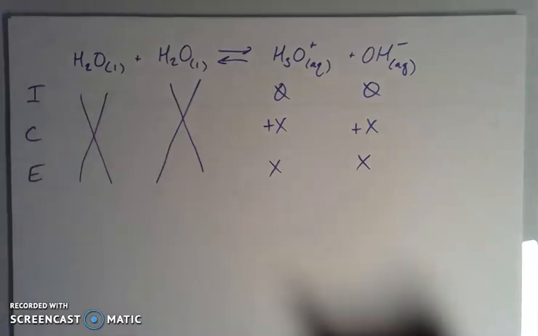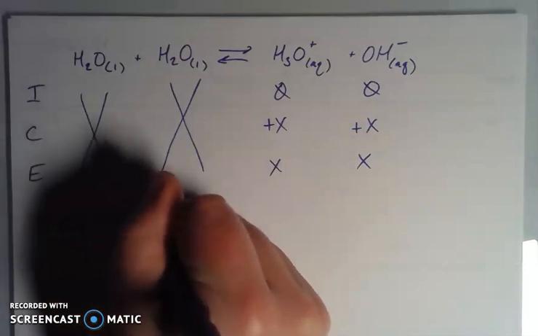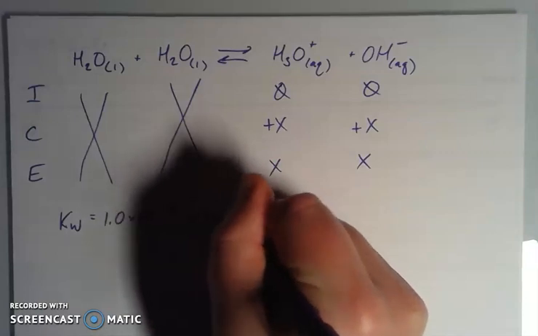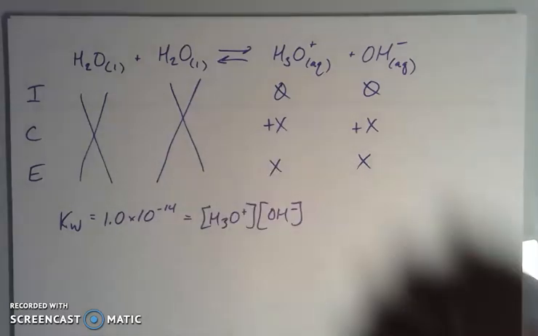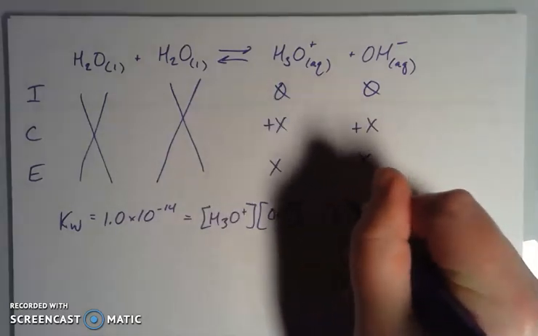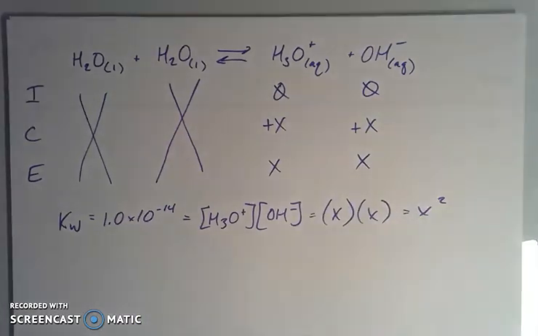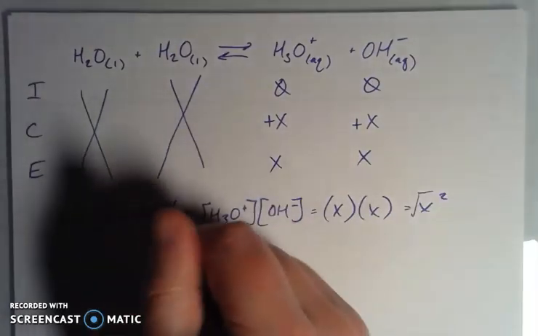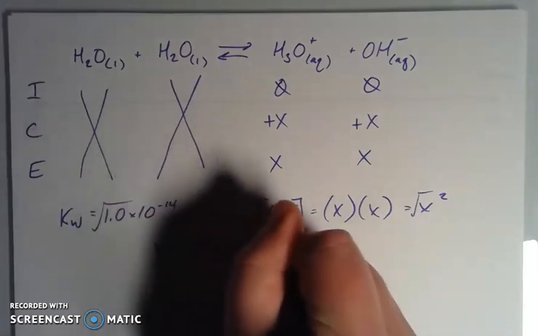Now if we do this, here's my Kw again: 1.0 times 10 to the negative 14th is equal to my concentration of hydronium times my concentration of hydroxide. That's going to be equal to X times X, or X squared. So X squared is equal to my Kw. If I take the square root of both sides, then I end up with X equal to plus or minus 1.0 times 10 to the negative 7th.